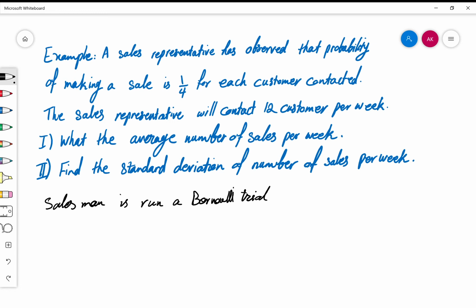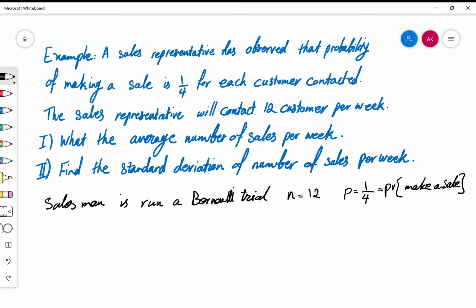He does it 12 times per week, so the number of trials is 12. The success is selling the product, and the probability of making a sale in each case is 1 over 4.